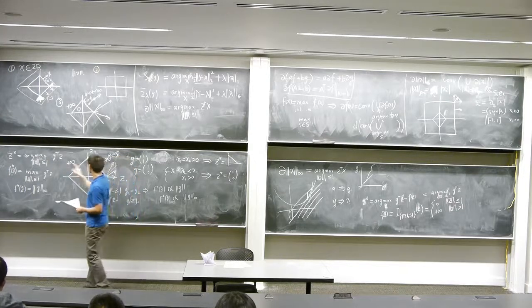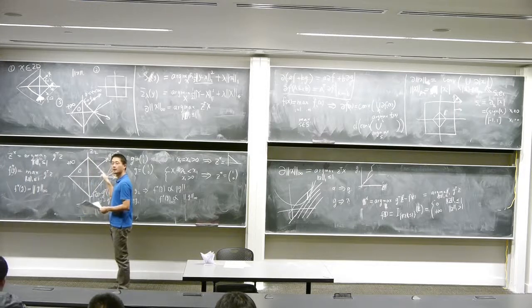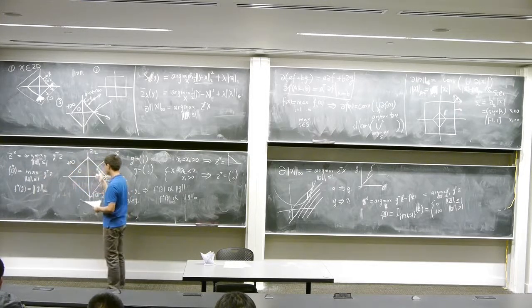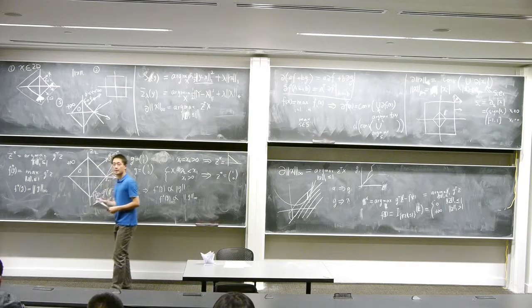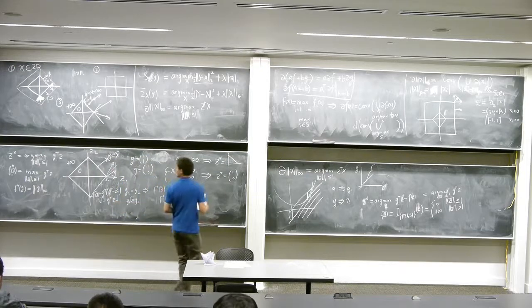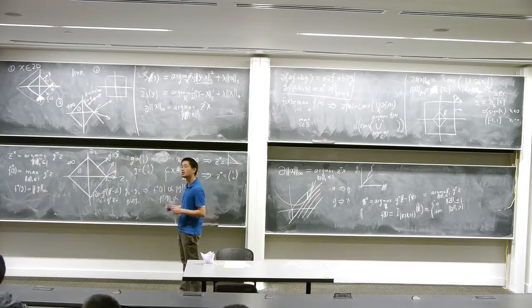The argmax is the tangential point, and the max is the intersection. This is the z-axis.